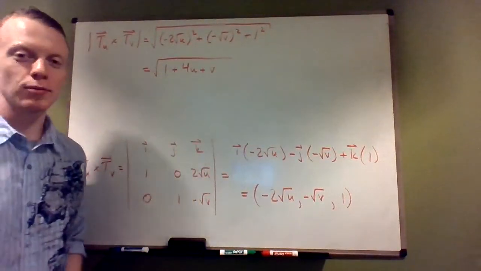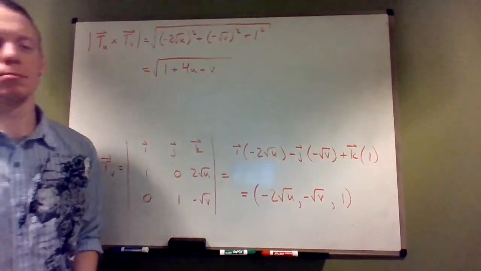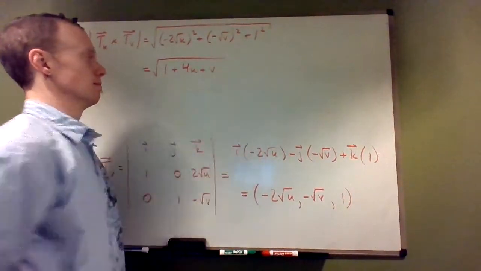And we're going to find that we come out with something fairly nice. We get the square root of 1 plus 4u plus v.